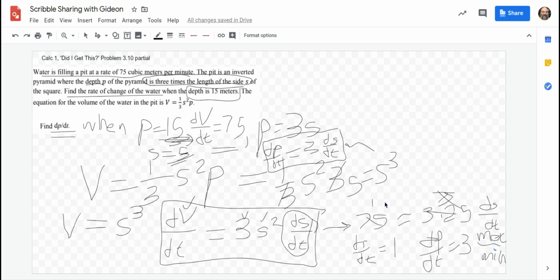There it is. That's a related rates problem done very, very carefully. And I want to remind you, the most important thing was the setup, not the work afterwards. That was just algebra. It was the setup at the beginning, identifying when P is 15 is what they said, but then I also pulled in the given, dV/dt is 75.